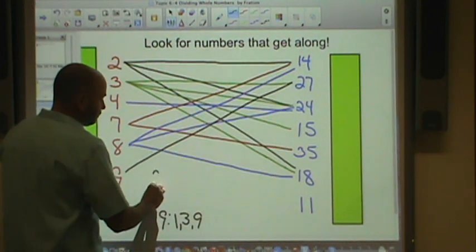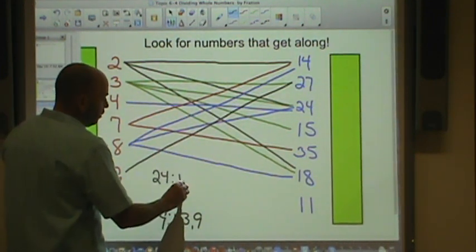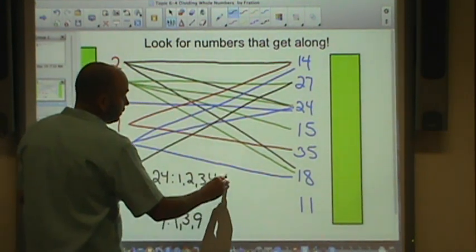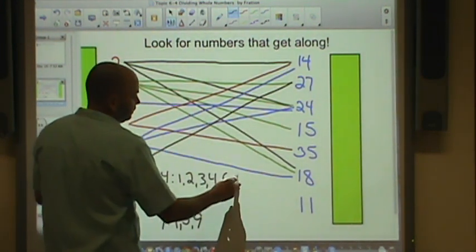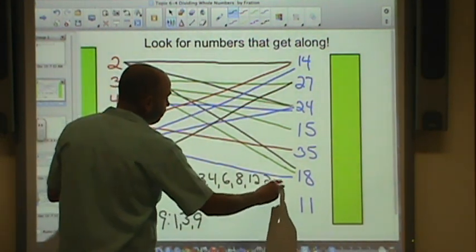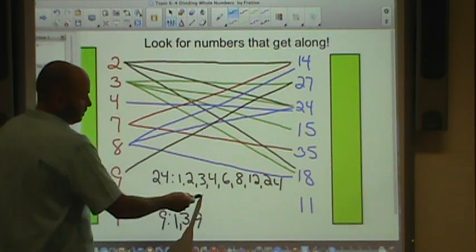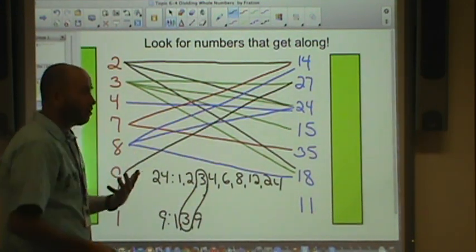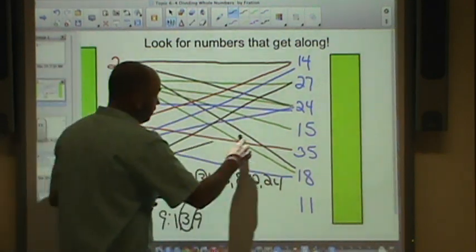Well, the factors of 24 are 1, 2, 3, 4, 6, 8, 12, and 24. Well, look at this. 9 and 24 get along because they have a greatest common factor. So we're going to draw a line to there.